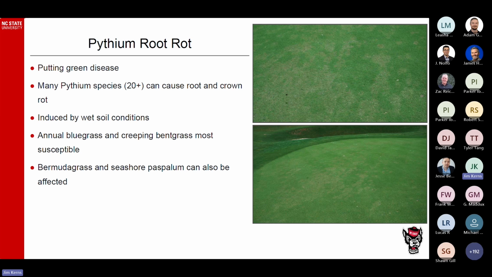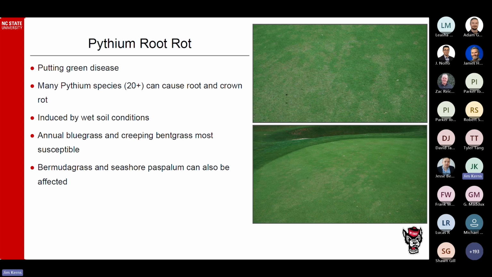Many different species cause it. I just say now it's induced by wet conditions, because you can see root rot show up in March if we have enough moisture. You can see it even on ultra-dwarf Bermuda grass occasionally in December and January if the conditions are right.